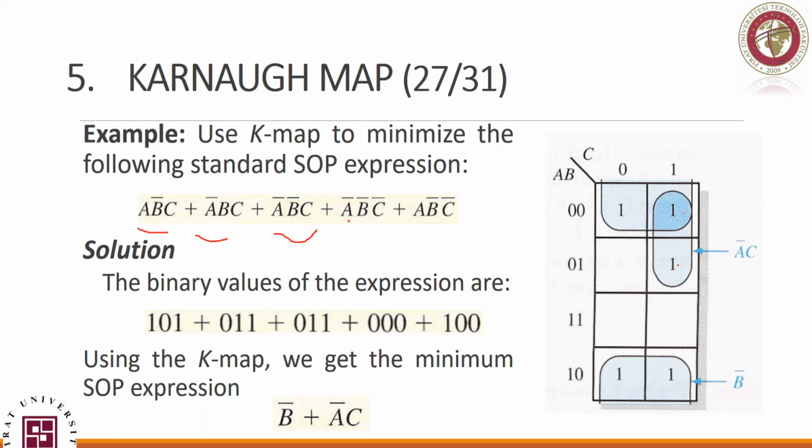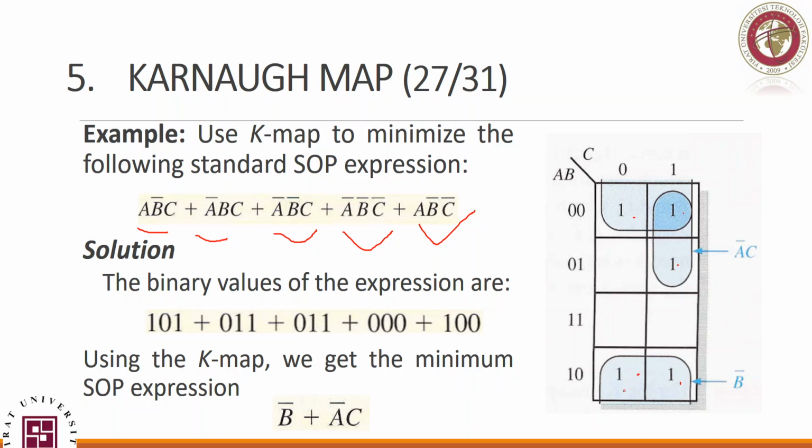This is the easiest, 0, 0, 0, this one. Then we have A B bar C, 1, 0, 0, this one. Okay. And that's it. These are all possibilities. We mapped all of them.